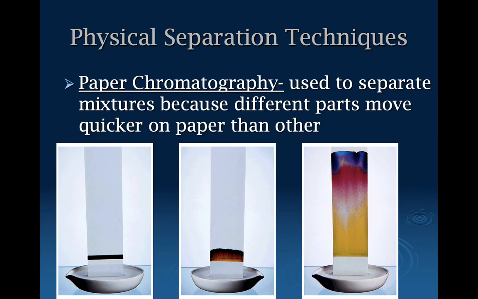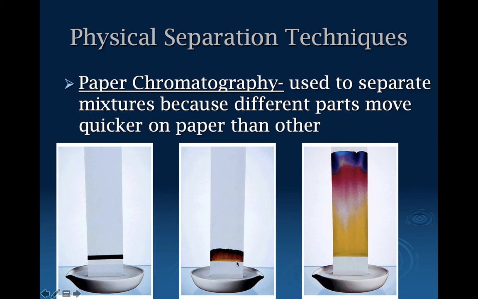Chromatography, paper chromatography, is used to separate mixtures because they move quicker or slower on a piece of chromatography paper. So, down here in the pictures, we have taken a black marker, and we've dipped it in a solvent, and we've waited about 2 minutes to let that solvent run up the paper.